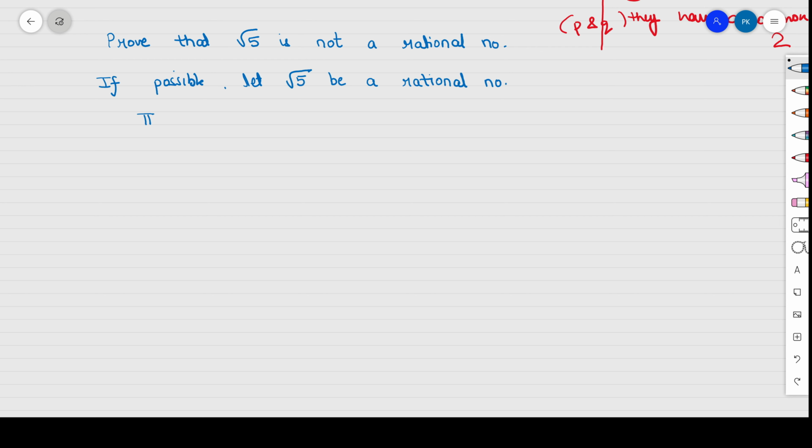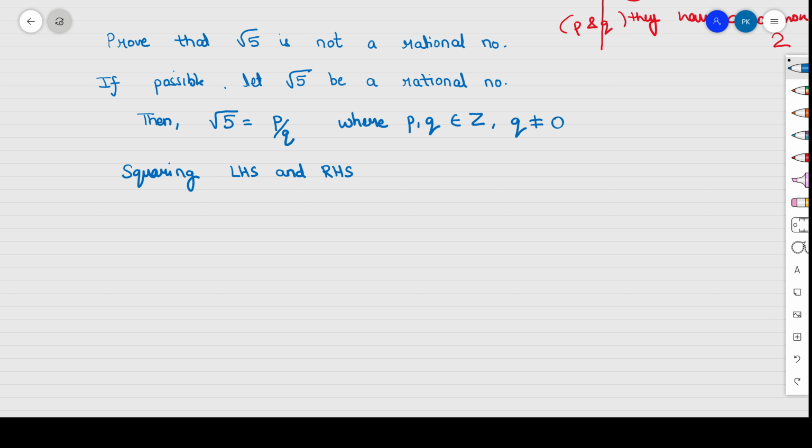Then root 5 is equal to p by q, where p and q are integers and q is not equal to 0. Again, p by q is in the lowest form and they should not have any common factor. Squaring both sides, we get 5 is equal to p square by q square. Let this be the first equation.